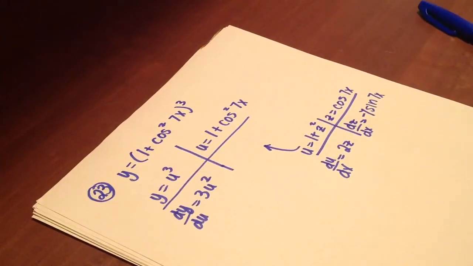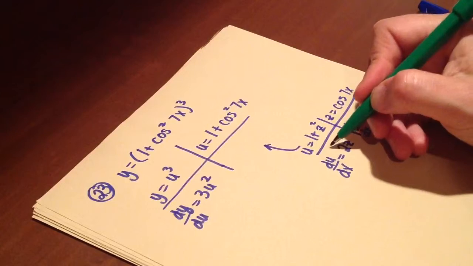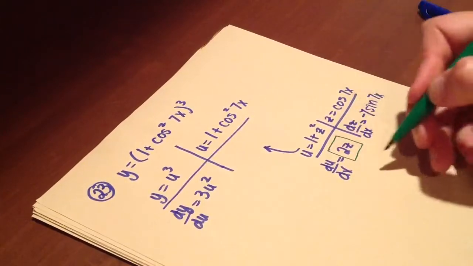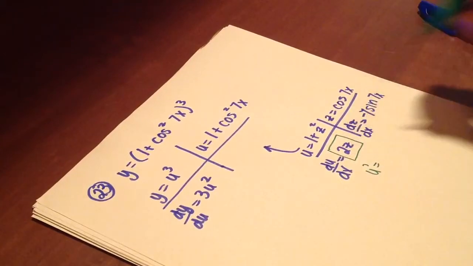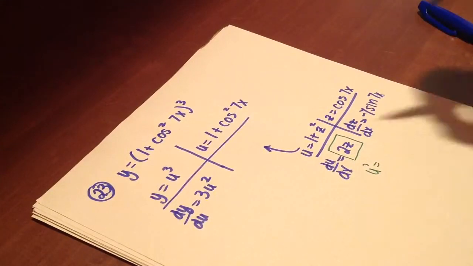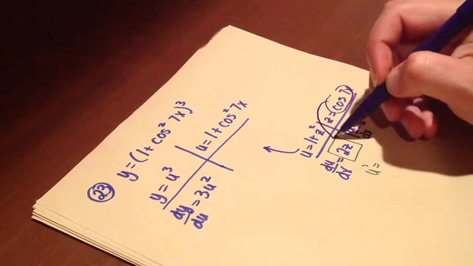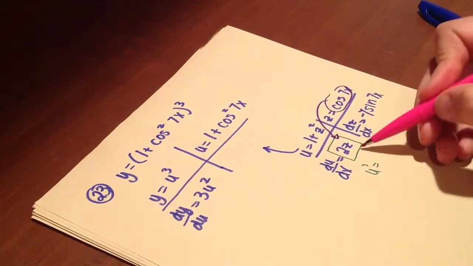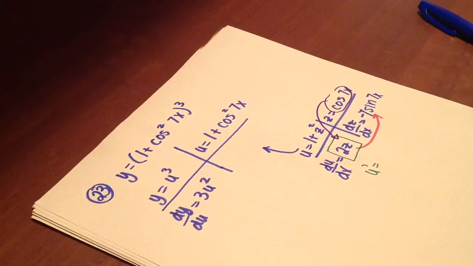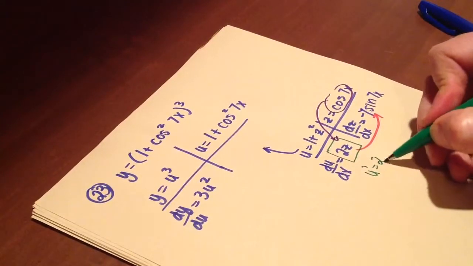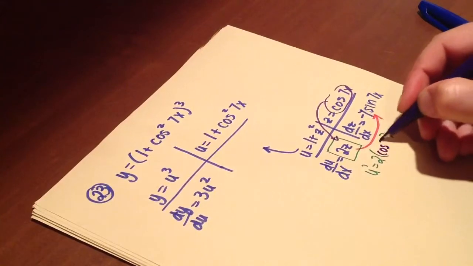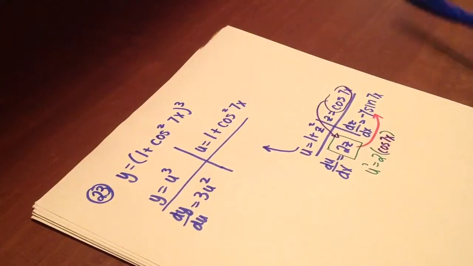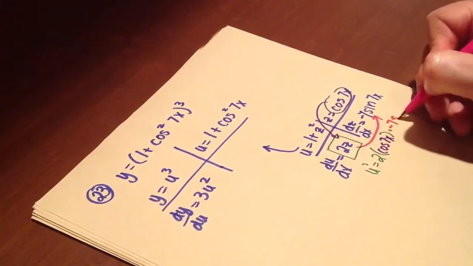Okay, so using my color coordination from before, u prime is going to be take 2z, plug this in for z, and multiply times this value here. So when I do that, I'm going to get 2 times z, which is cosine of 7x, times this value over here, which is negative 7 sine of 7x.